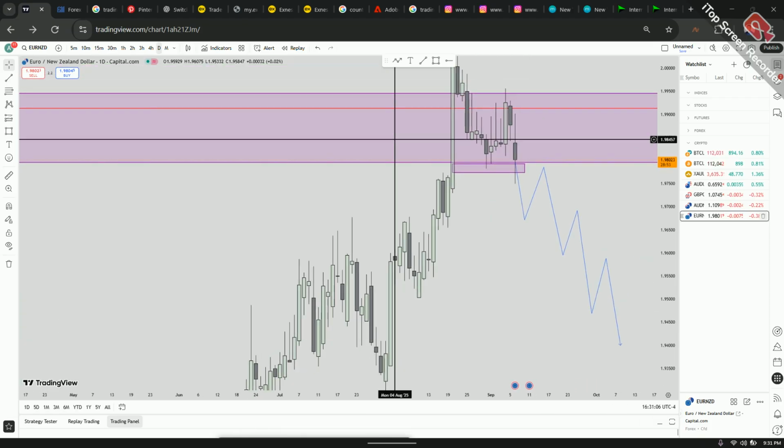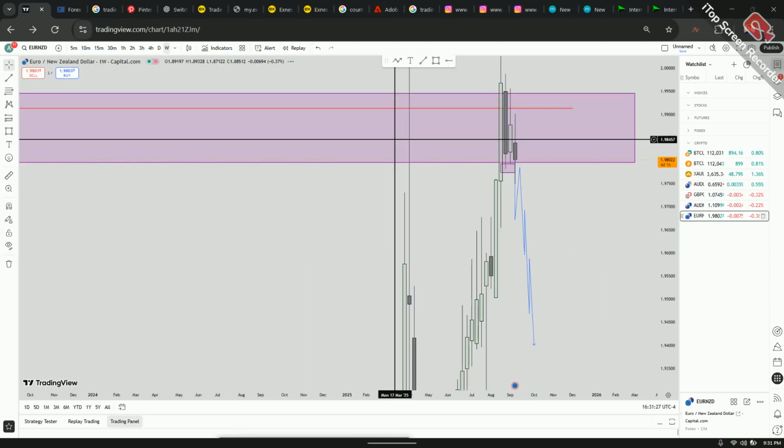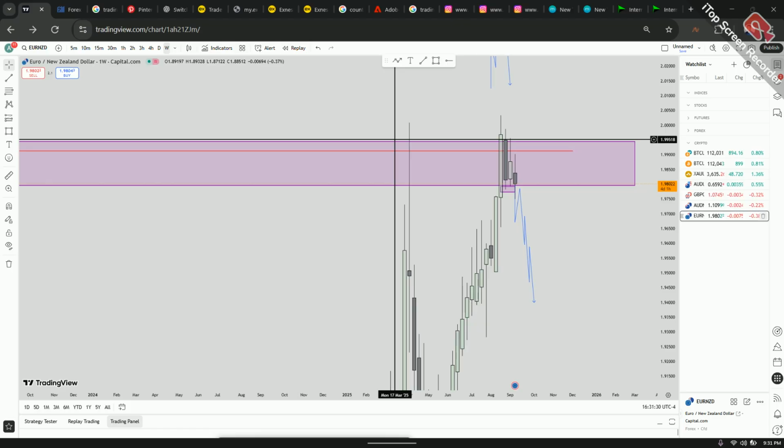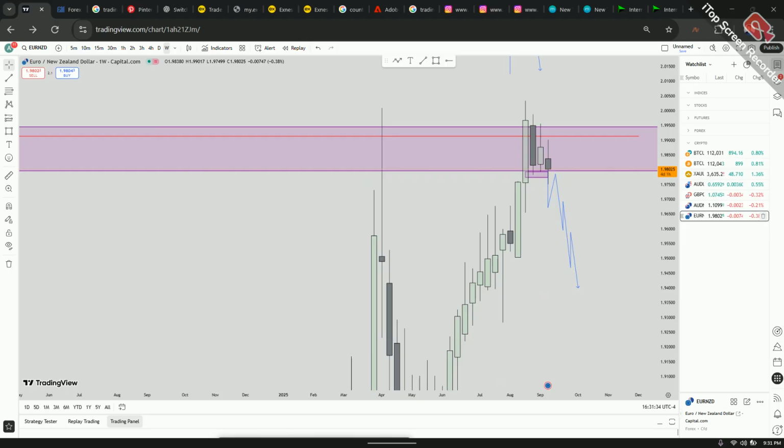Euro and NZD. So the European currency against the New Zealand dollar. That's the pair here. So we have checked the monthly and the daily time frame. Normally, I'm supposed to check the weekly time frame. Let me check the weekly time frame and see what's happening there. All right, the same thing happening. We're having a bearish candle.